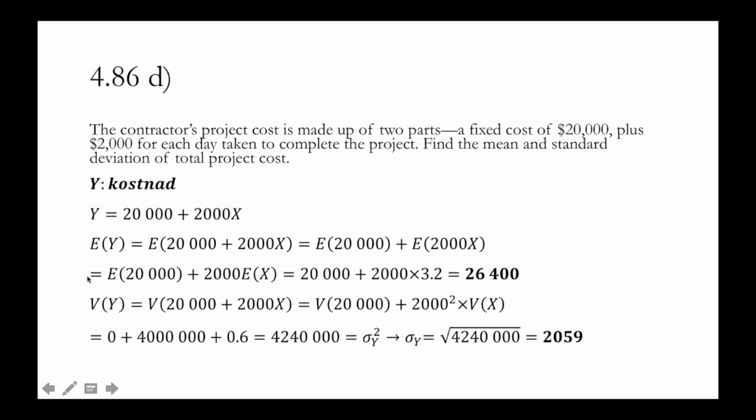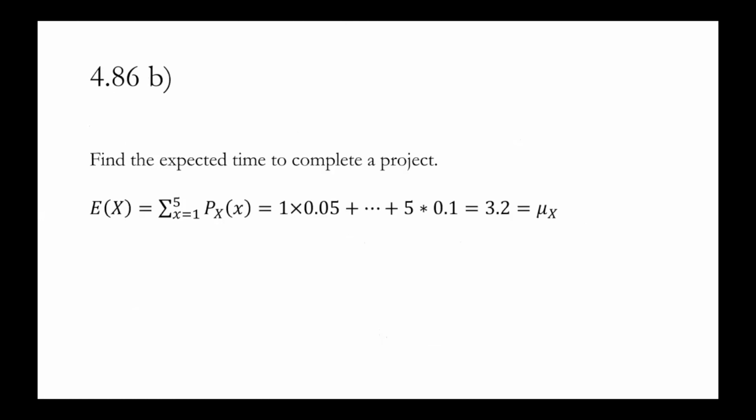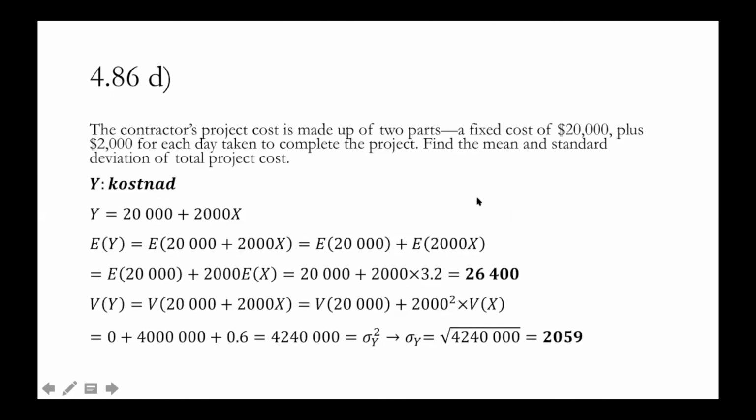And so the expected value of total project cost will be the expected value of 20,000 plus 2,000 times the expected value, and we calculated the expected value in the first part of the question: find the expected time to complete the project. It was 3.2, so we plug it in here.